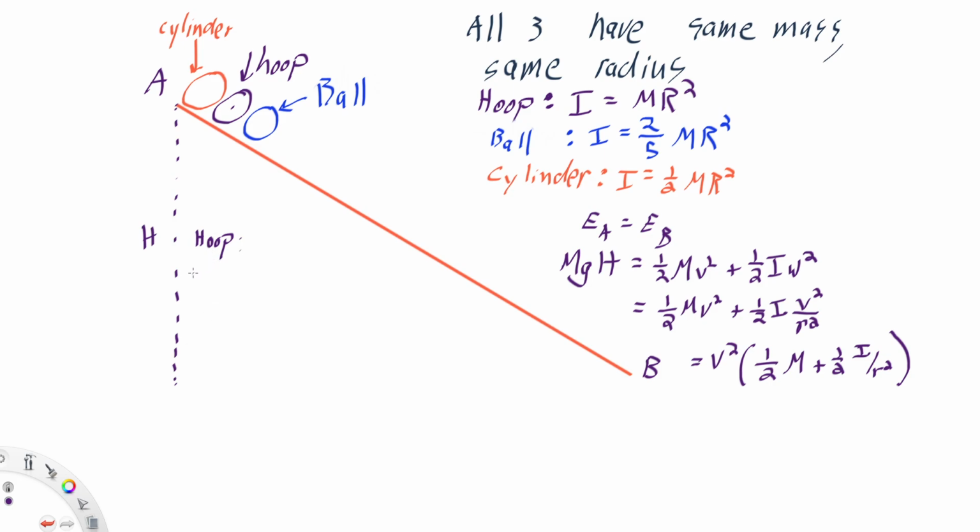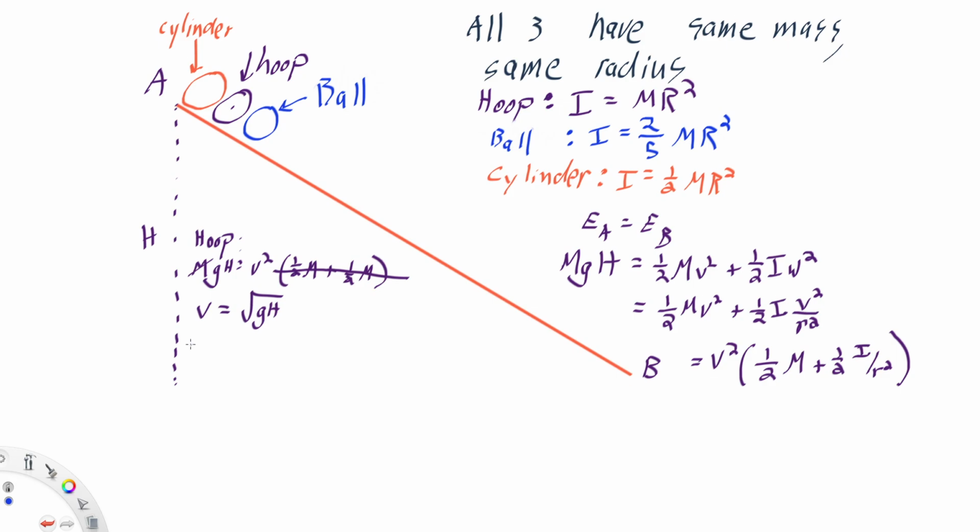So we have mgh equals v squared times 1/2 m plus, with I becoming mr squared, the r's cancel. So we have 1/2 m plus 1/2 m. That's just m. And we get the velocity equals square root of gh.